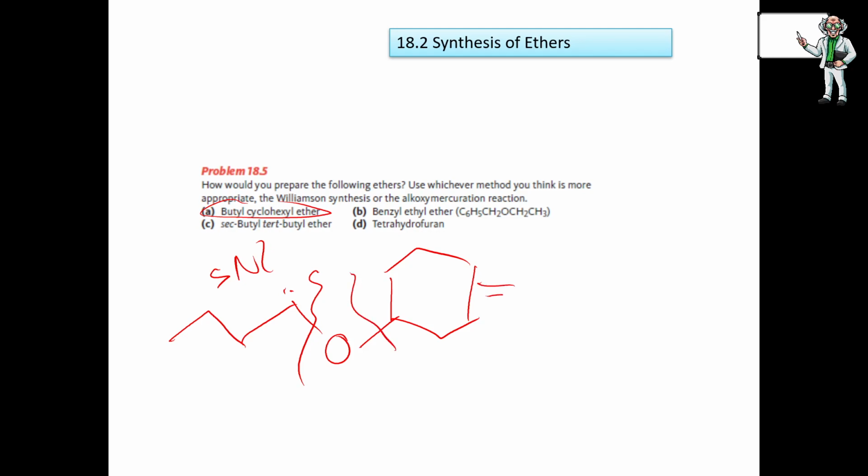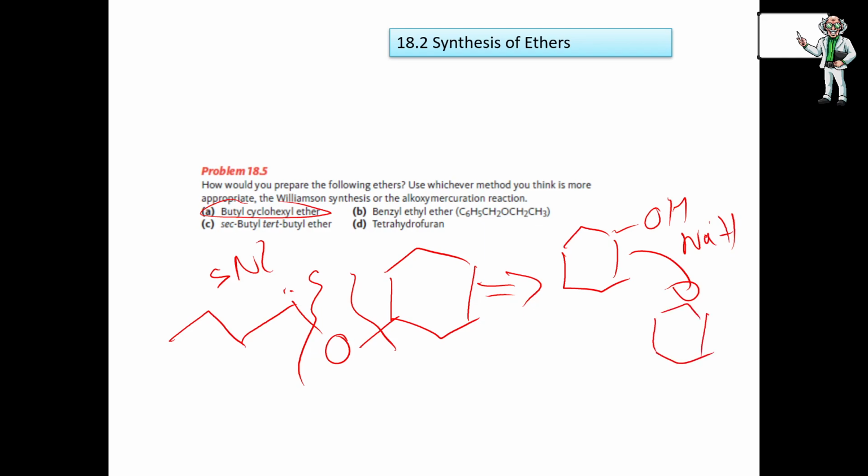That means what I will do is start from the alcohol, cyclohexanol, add a base, for example, sodium hydride. I make the alkoxide, and then this attacks the alkyl halide.